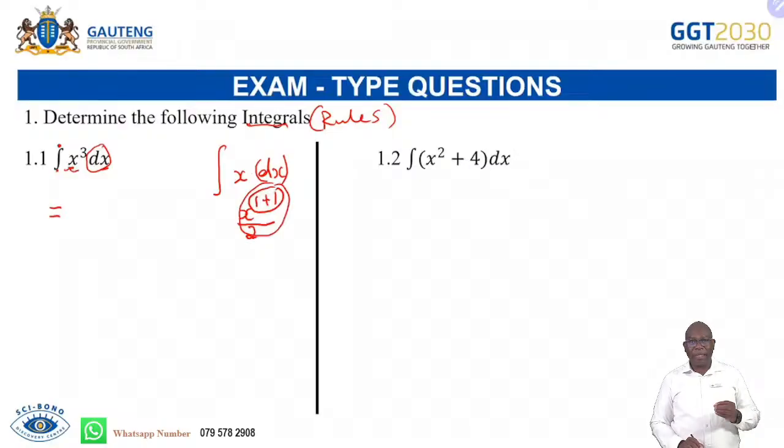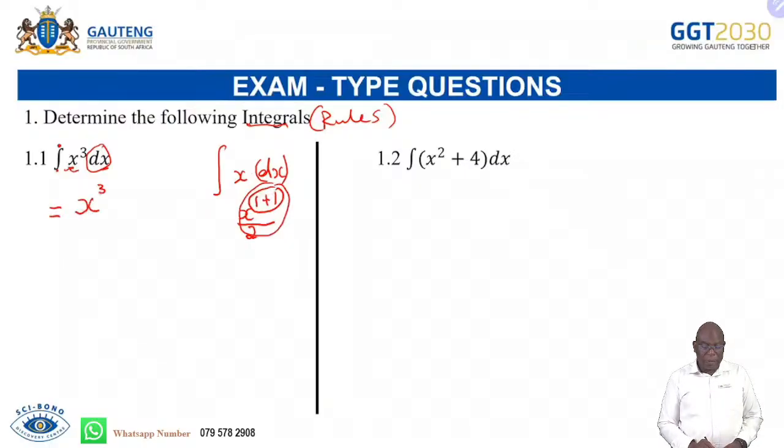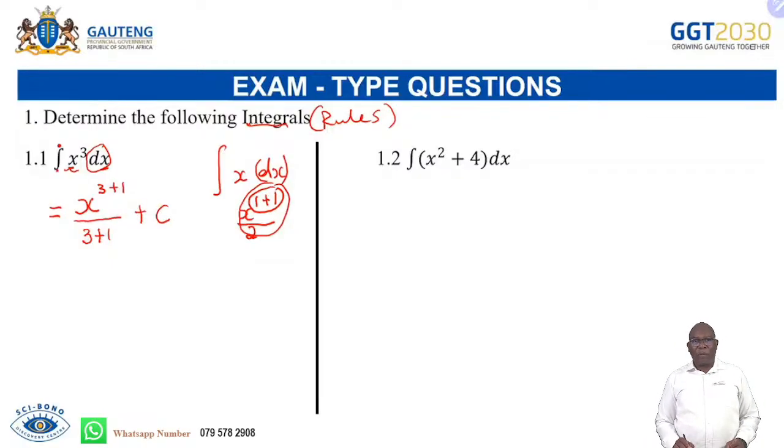Do not put the integral sign, that's one mistake that we always make. In this case, we have x to the power of 3. Now I'm integrating, so I'm adding a 1 on the exponent of 3. Whatever I got there, 3 plus 1, I'm going to write 3 plus 1 at the bottom. Do not forget to add c, because we need that c.